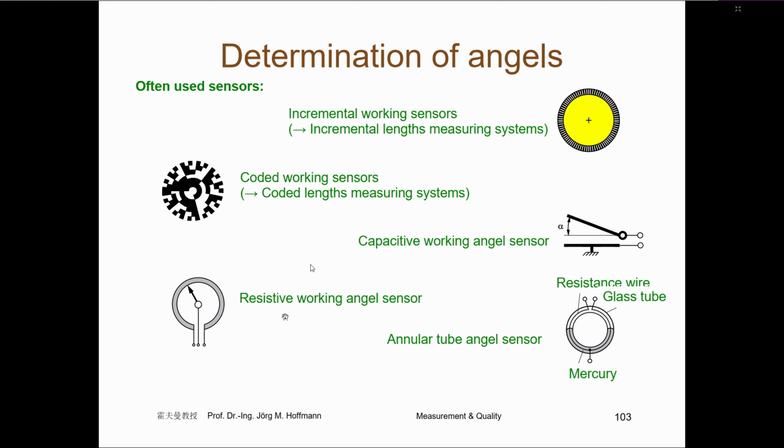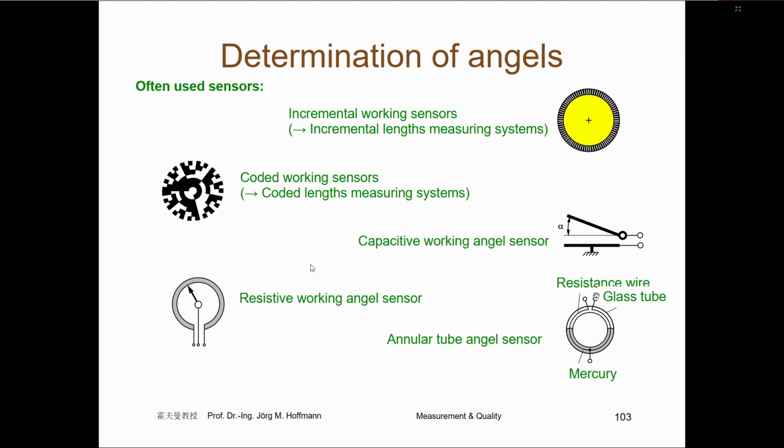You have here 3 analog sensors: resistance measurement for the angle, and capacity. And this is also often used because it is extremely robust. But the disadvantage is that mercury is very toxic, and therefore it is completely covered as a sensor.